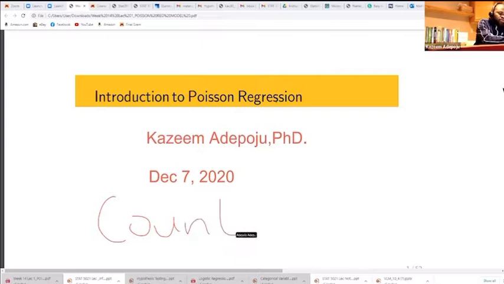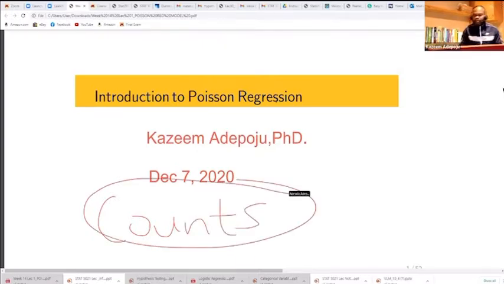If the response variable is a count, these counts are non-negative integers, and they represent the number of occurrences in a fixed interval.